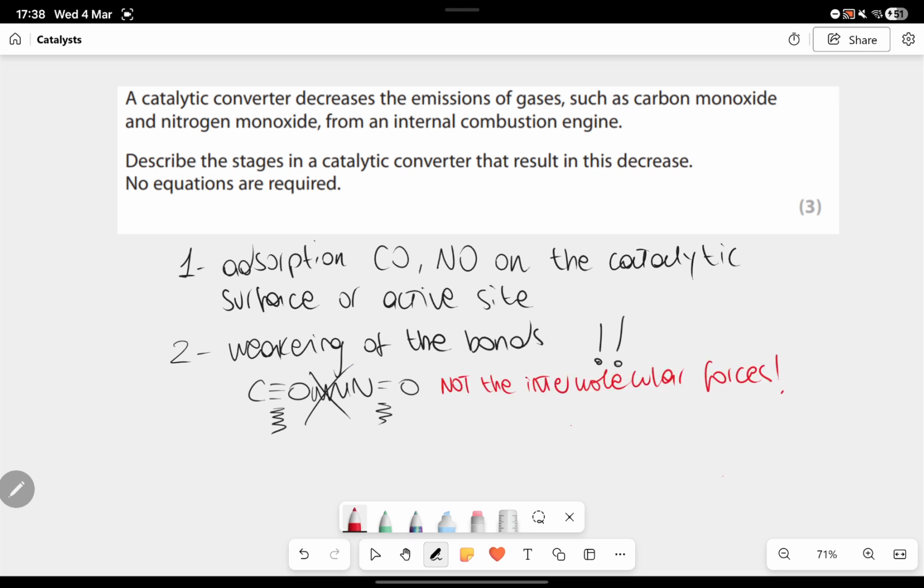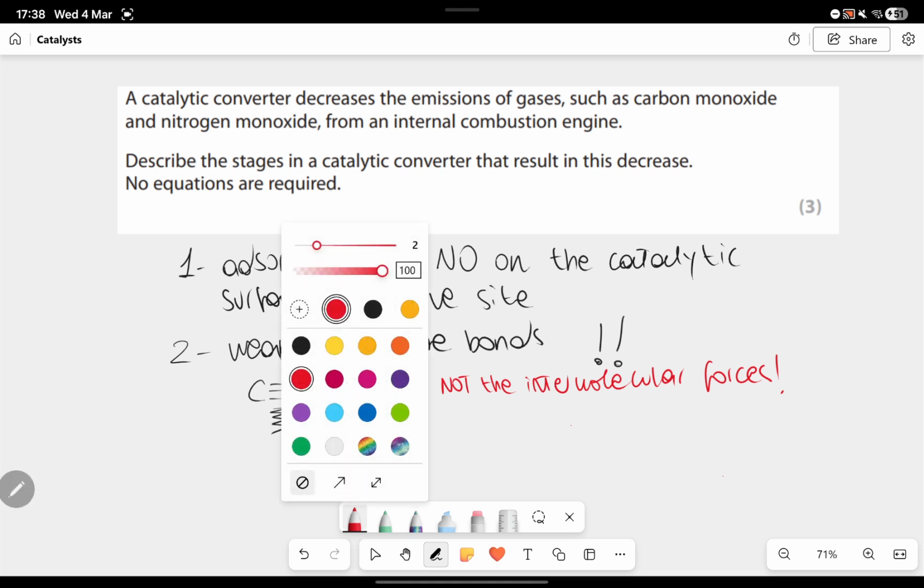And the third mark is for the desorption of the products. You can say desorption, you could say the products leave the catalytic surface, but make sure you use the keyword desorption.